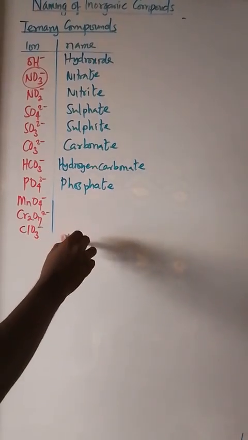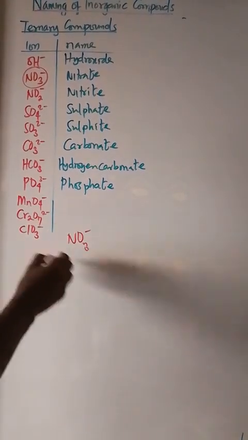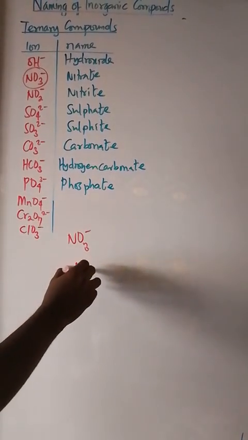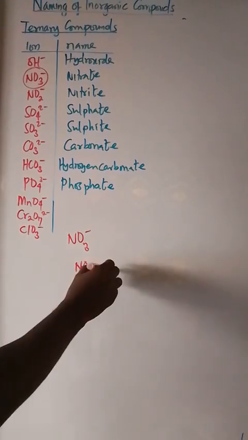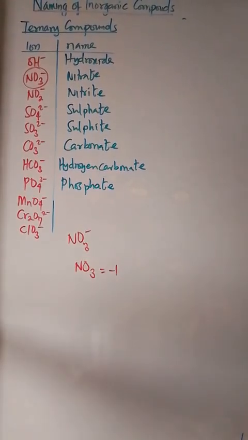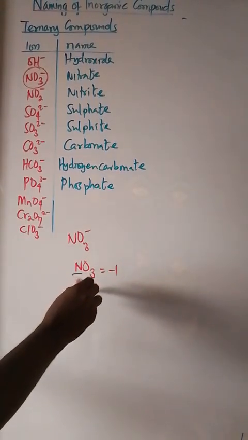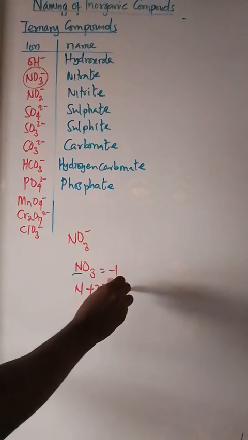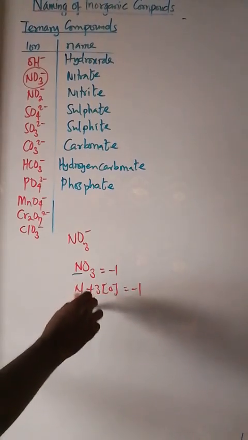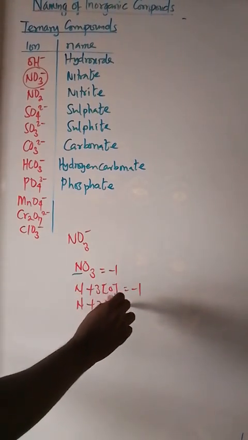I have NO3 minus. So in this particular ion, the oxidation state is -1. So we are now going to look for that of nitrogen. Here we have nitrogen plus 3 oxygen, giving us -1. We know oxygen to be -2.